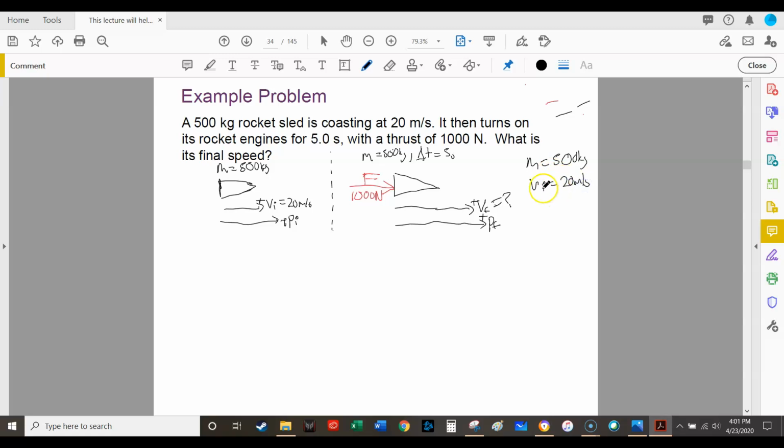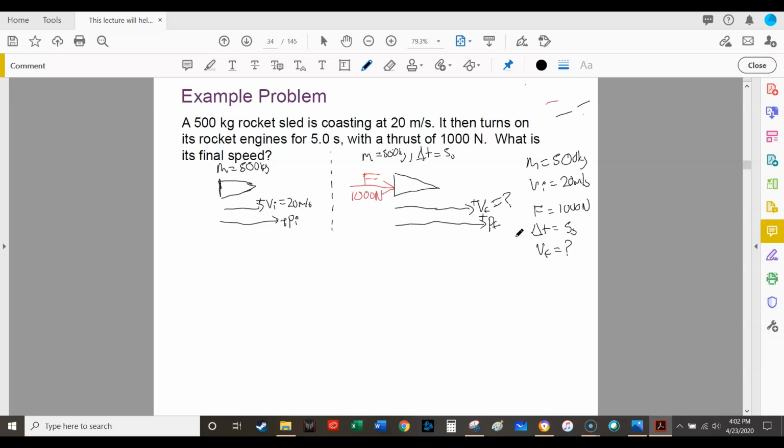It's very fast. We're given a force of 1,000 newtons over the period of time of 5 seconds. Okay, and we're going to be asked what is our final velocity.